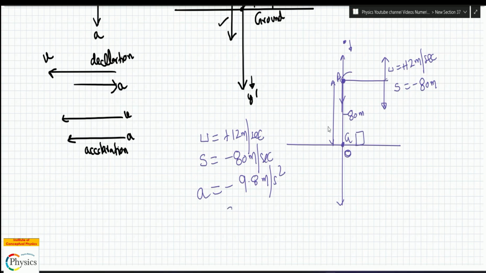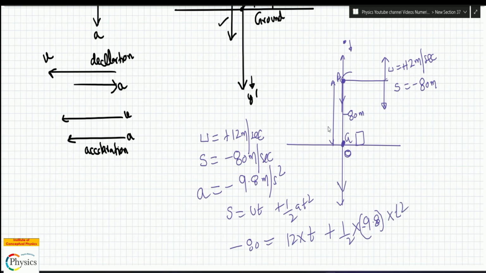So S is equal to UT plus half AT square, minus 80 is equal to 12 into T plus half into 9.8 with a negative sign, because the acceleration is downward. Anything downward towards the ground is towards minus y-axis, and therefore negative into t square, right?